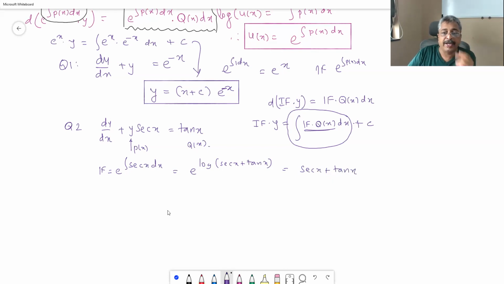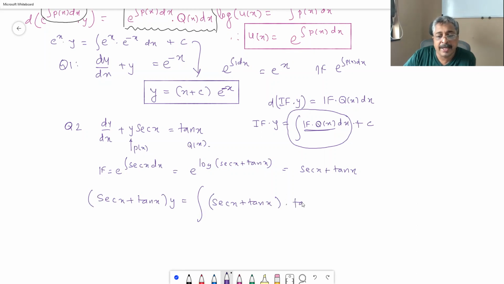So we have got our integrating factor. Therefore, sec x plus tan x times y is equal to the integral of sec x plus tan x, this is our integrating factor, into tan x, which is our q of x, dx, which is sec x tan x plus tan square x. So it is easy.